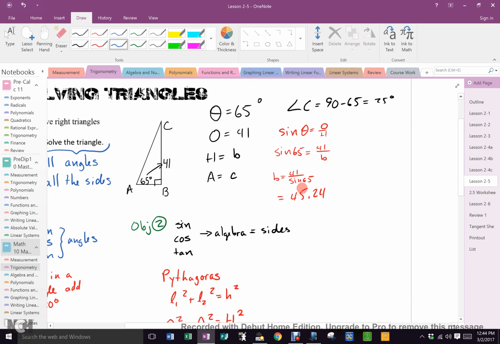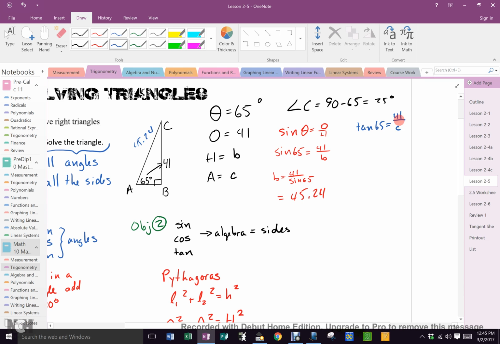And I now, since I have my hypotenuse of 45.24, which is sitting right on my calculator, I know that tan of 65 is 41 over little c. Hey, wait a minute, the h doesn't help me. So can I clear this?